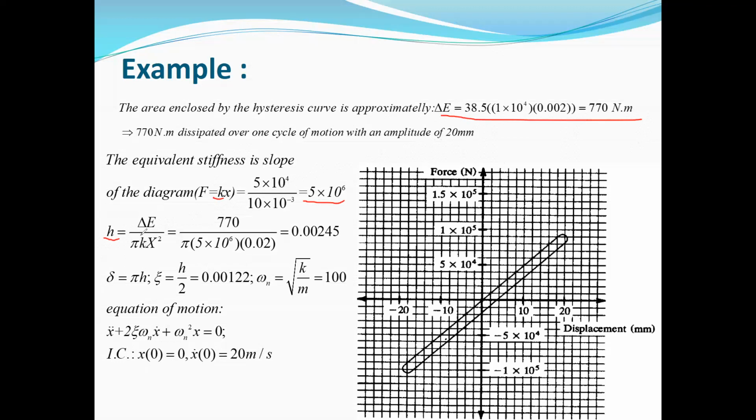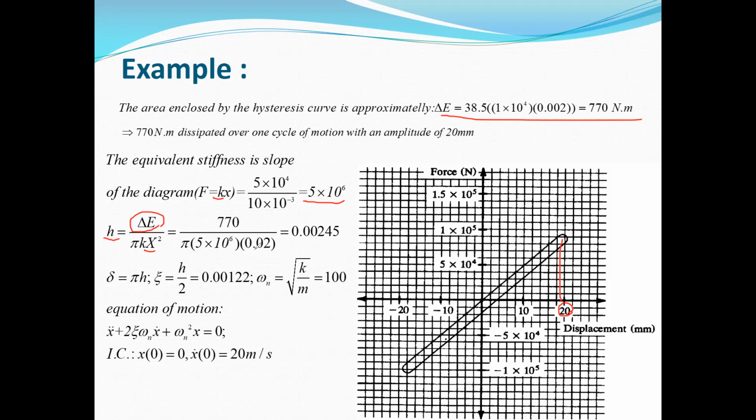damping constant, which is the energy dissipated delta E divided by pi k uppercase X squared, where uppercase X is the amplitude of the vibration. Here you can see the amplitude of the vibration is 20 millimeter, the maximum displacement.